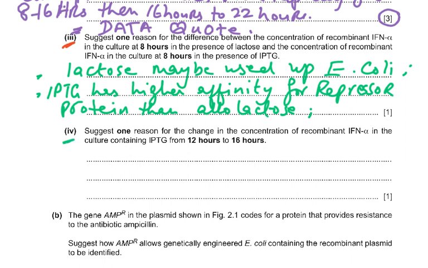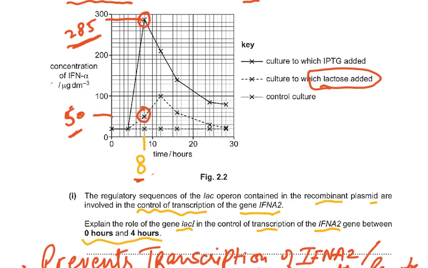Then coming to part 4, suggest one reason for the change in the concentration of recombinant IFNA in the culture containing IPTG from 12 hours to 16 hours. So what has happened from 12 hours to 16 hours with IPTG? You can see it here, somewhere here, it's starting to decrease.